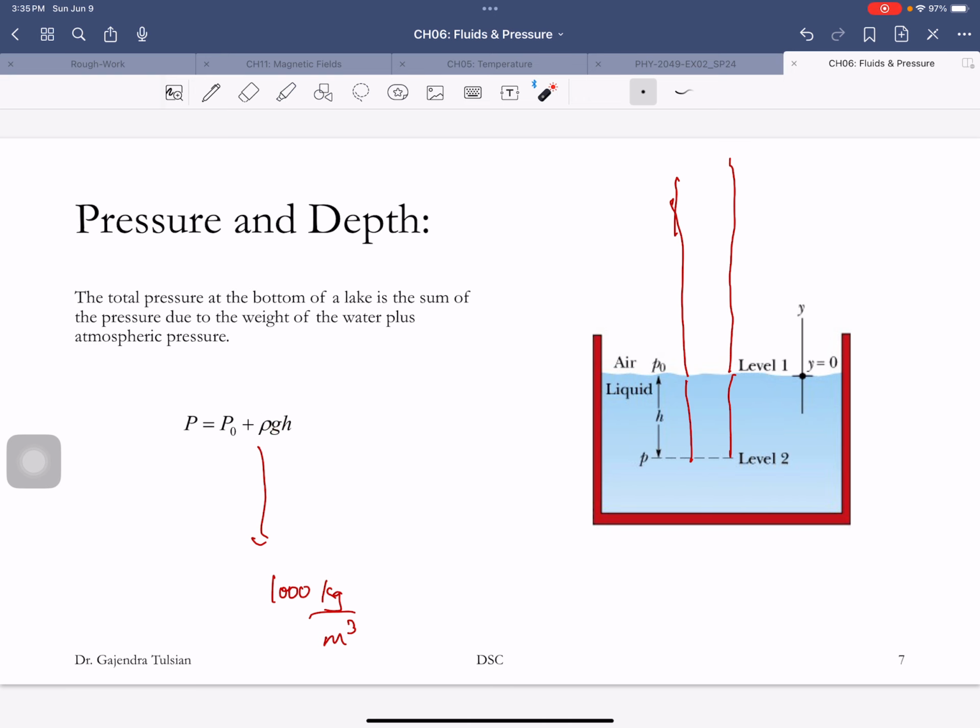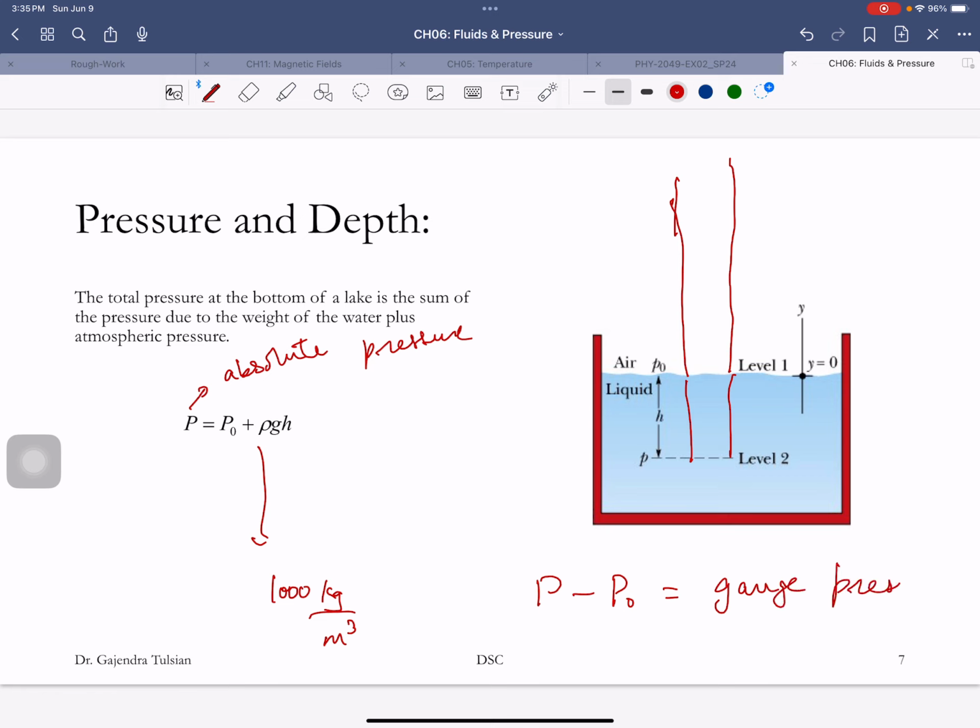In the medical field, this is called absolute pressure. A lot of times we talk about absolute pressure minus atmospheric pressure. A lot of instruments measure this, and it's called gauge pressure. When you quote blood pressure, it's gauge pressure that you're quoting.